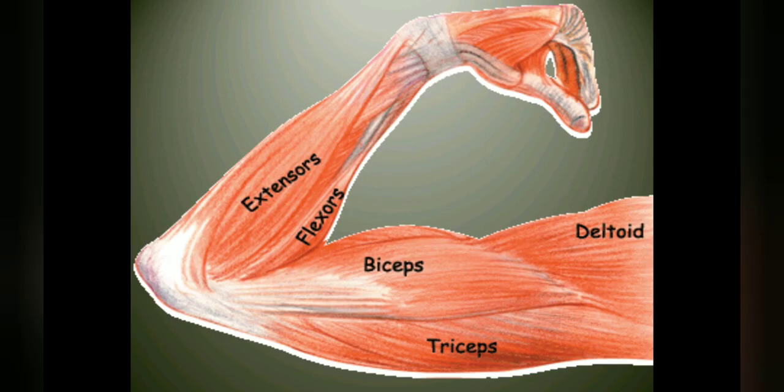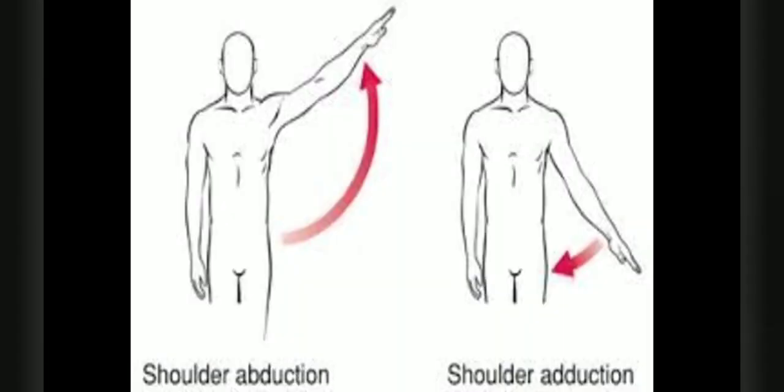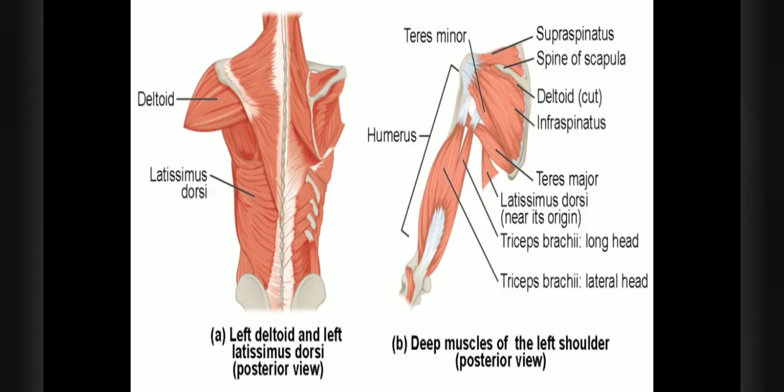This muscle helps to move the arm away from the body. Then second one is adductor. Adductor muscle moves body part towards the body axis. Okay, and the example is latissimus dorsi of shoulder, and this helps to move the arm near to the body.